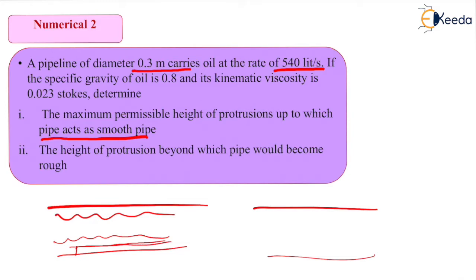If this laminar sublayer is lying below the actual roughness or height of protrusions, then it is called a hydrodynamically rough pipe. And if the roughness of the pipe is less than the laminar sublayer thickness, then it is called a hydrodynamically smooth pipe. This is a smooth pipe and this is a rough pipe.